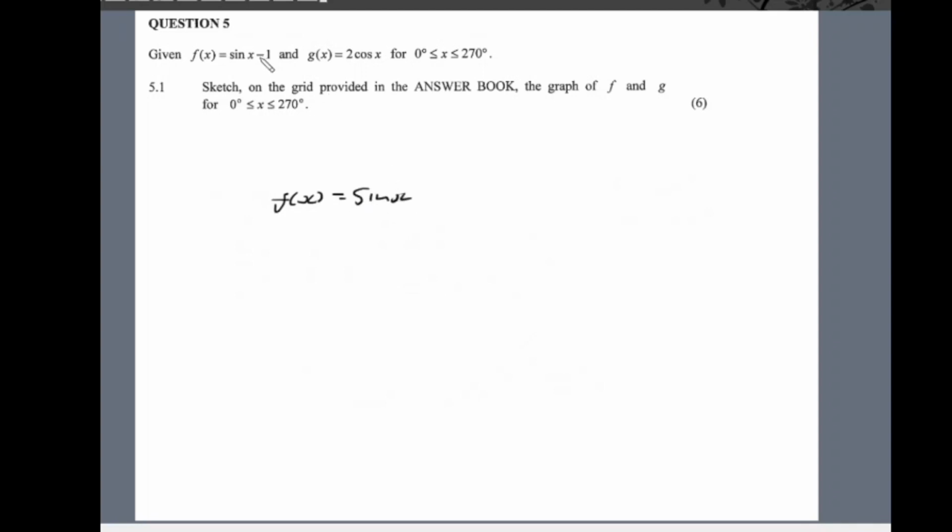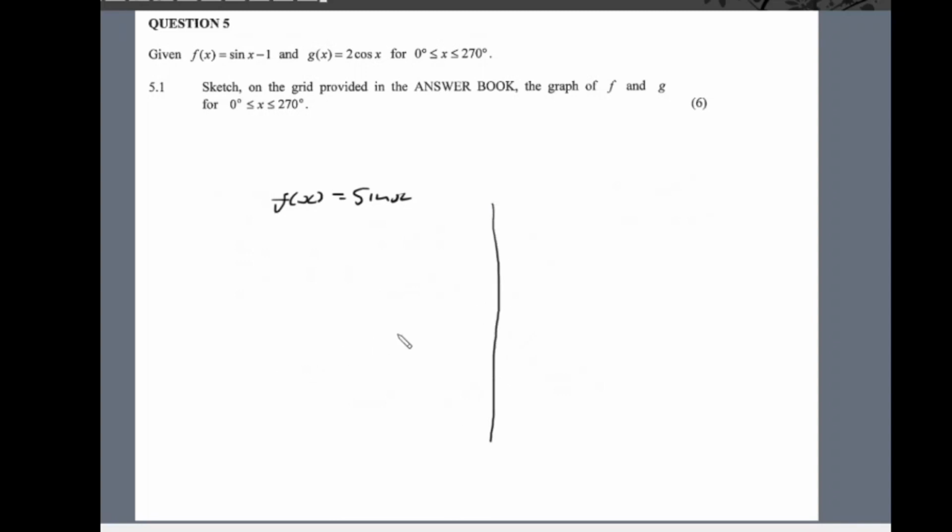And then when they say minus 1, they are just shifting this function, right? And then when you sketch a standard function, hey, sorry again guys, ngiyazama ukuthi draw straight but then I can't. I'm going to draw straight as I would.